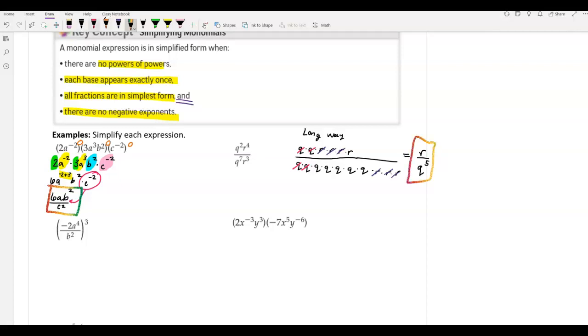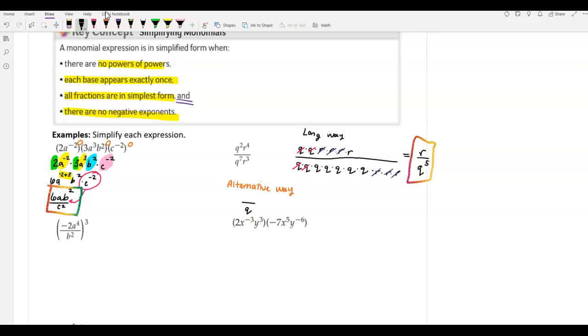Now, the alternative way, the short way, the way that Mrs. Younger loves to do it. We take a look: where is my largest q? Well, my largest q is in the bottom. So I'm going to put q in the bottom.